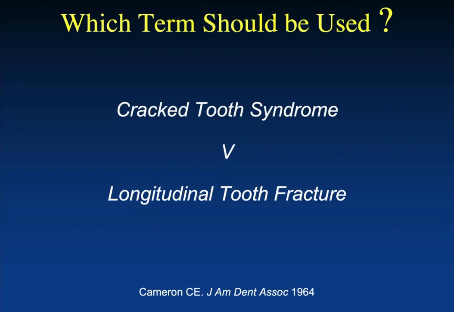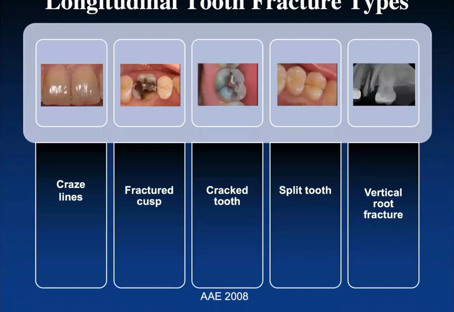It's not a syndrome, because a syndrome is a group of symptoms that come together with a cracked tooth or longitudinal tooth fracture. So for the longitudinal tooth fracture, we have a craze line, where the light goes through, so there's no actual crack.